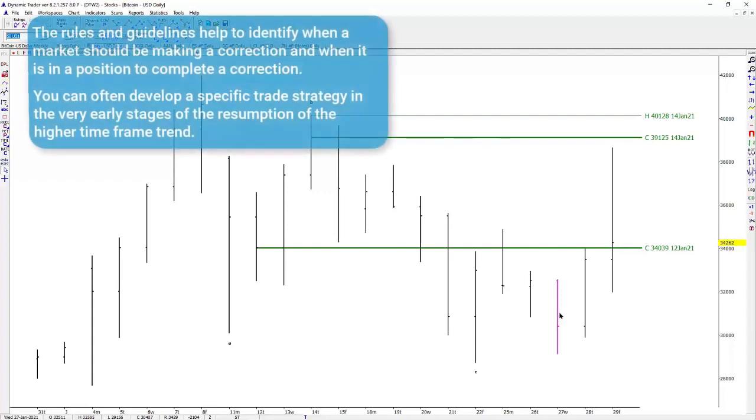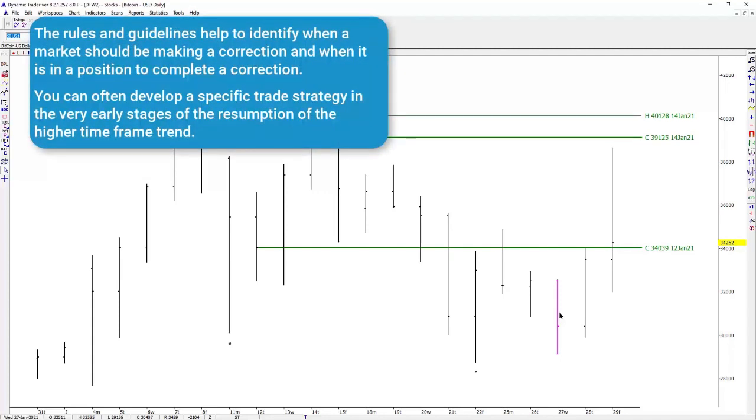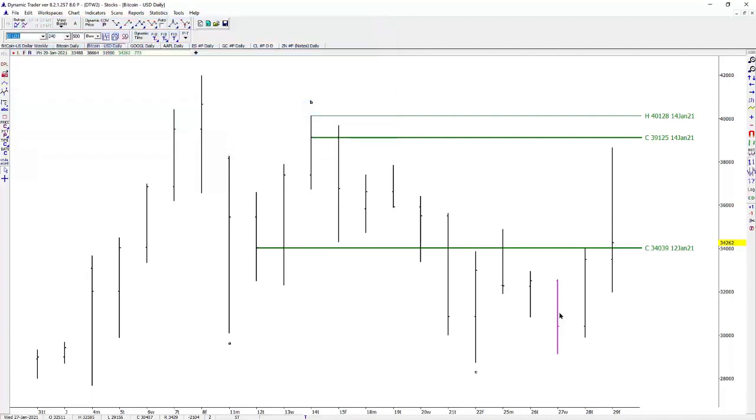Because there are some very specific guidelines, patterns and rules that indicate a market is first probably in a correction, probably has completed a correction, and confirms that it's complete. So it really behooves us to be alert to that at any point in time, because what follows a correction is an advance to a new extreme.